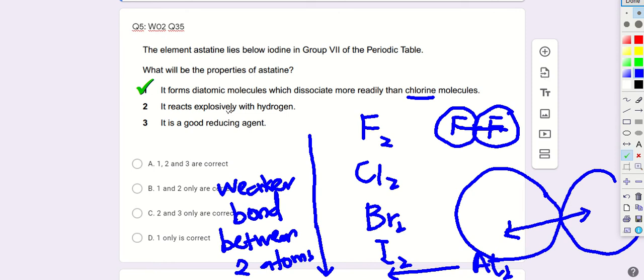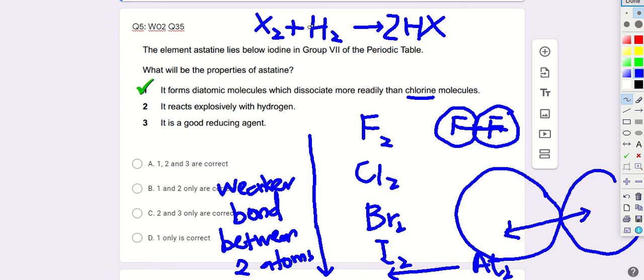Number 2, it reacts explosively with hydrogen. Now, halogen is often given the symbol X, right? So X2 reacts with H2. It often gives you the hydrogen halide, 2 HX.